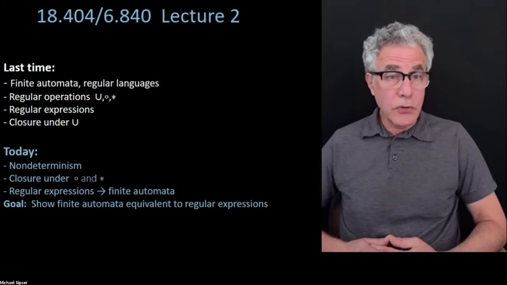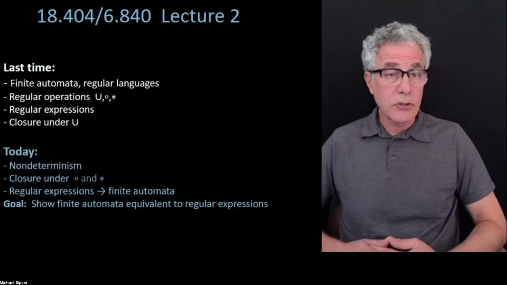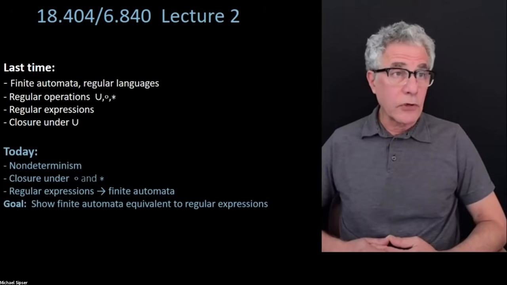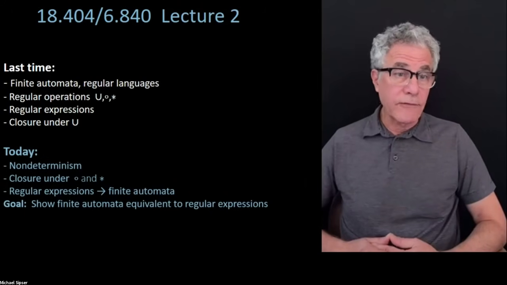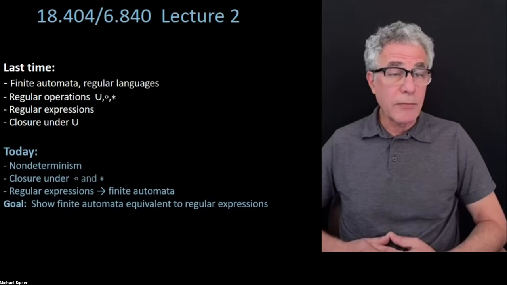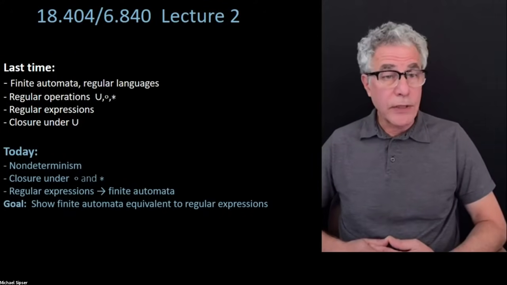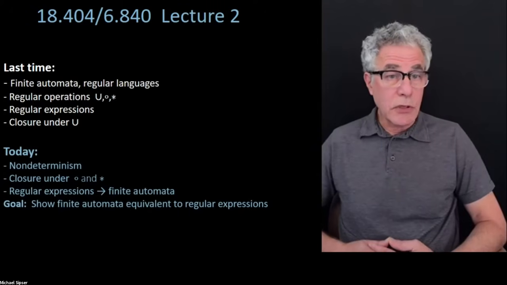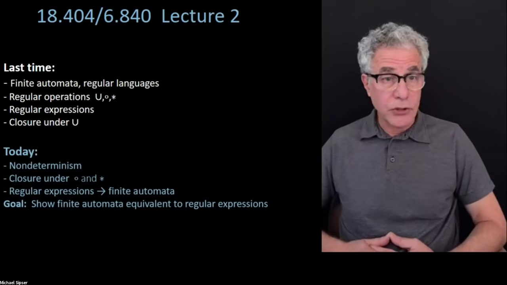And then we'll use those closure constructions to show how to convert regular expressions to finite automata. That's going to be halfway to our goal of showing that the two systems are equivalent to one another. And in the following lecture, we will show how to do the conversion in the other direction.